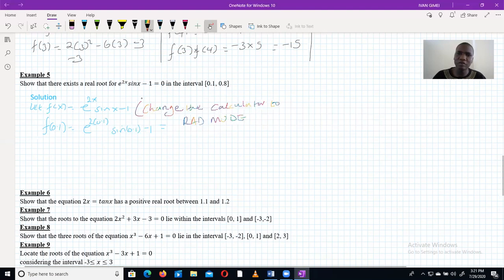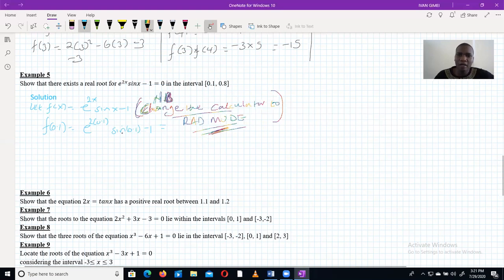Change your calculator to rad mode. This is what you should take note of, because the values you're dealing with are very small. They are very small values, so your calculator has to be in radian mode. Okay, so this is what you should take note of while dealing with this.